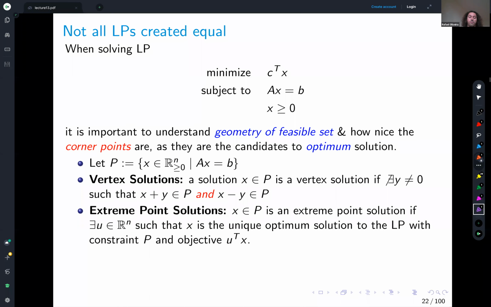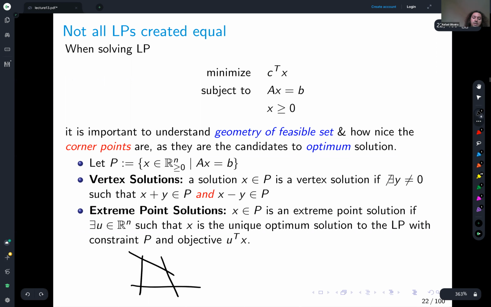Okay, so for example, if we had our polytope again, the same polytope that we described, let me just write out the equations. Now, how do we characterize, for example, this point here? We can see that this point is a corner point because it is an extreme point.